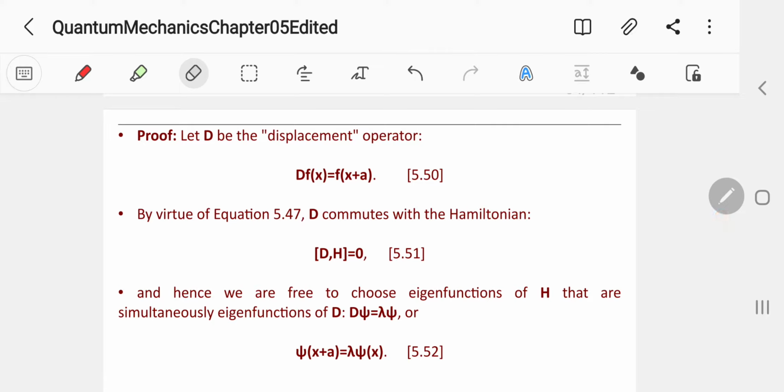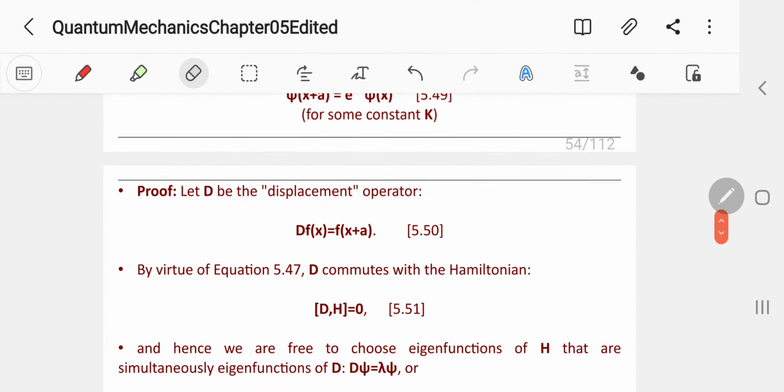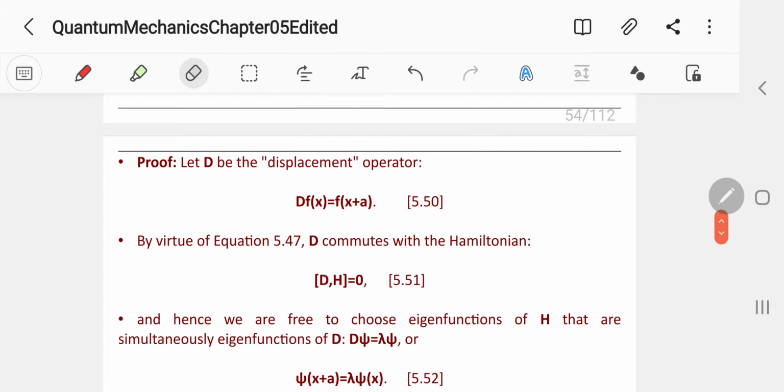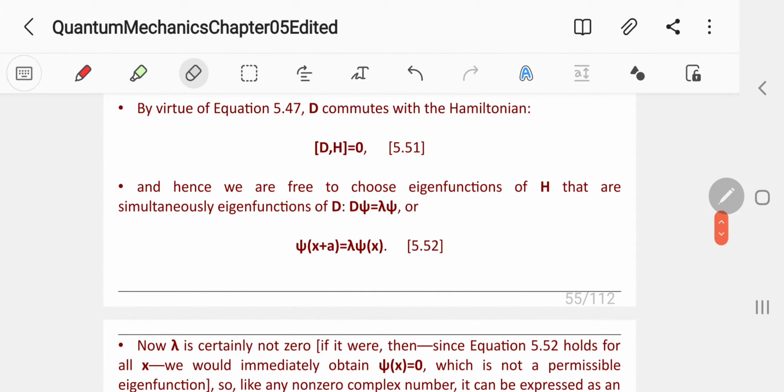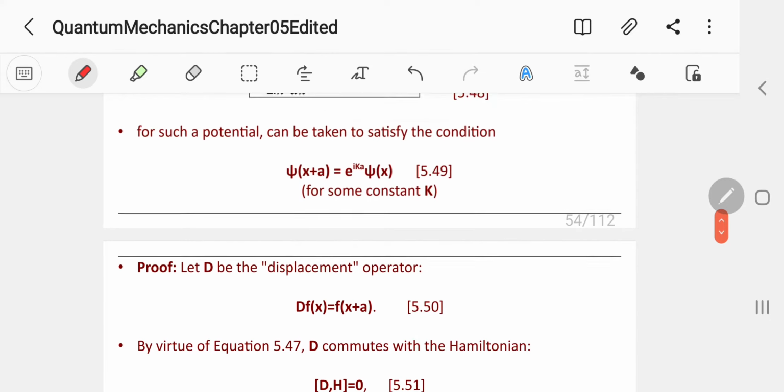This is just proof that your alpha is equal to this one. I mean lambda, sorry. Your lambda is just equal to that one for here.